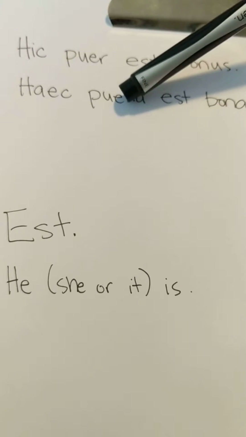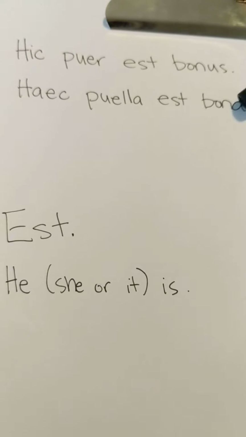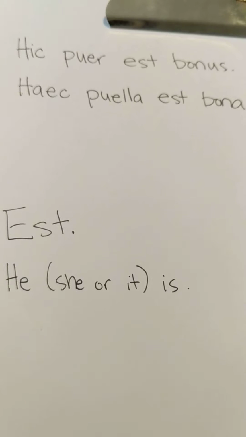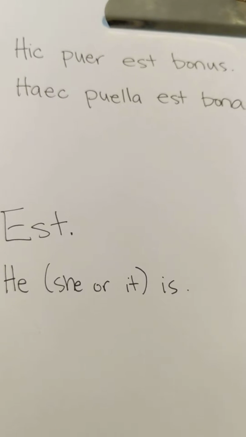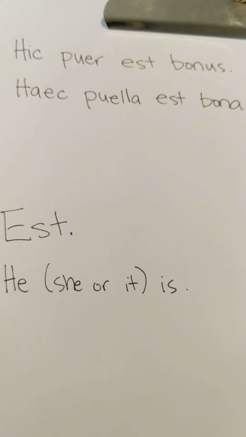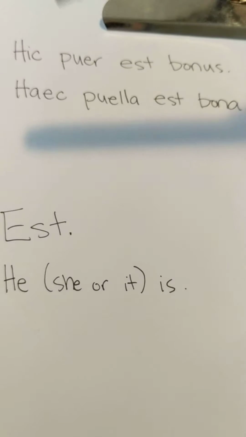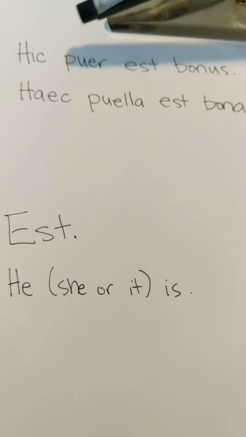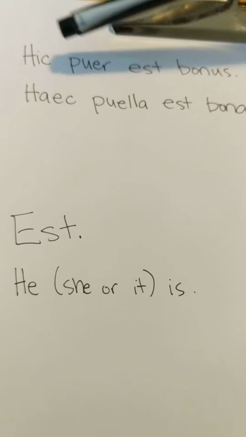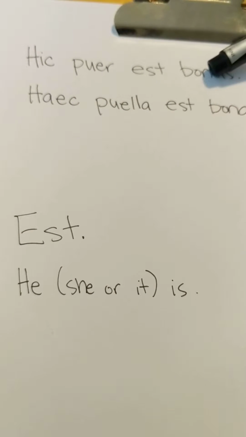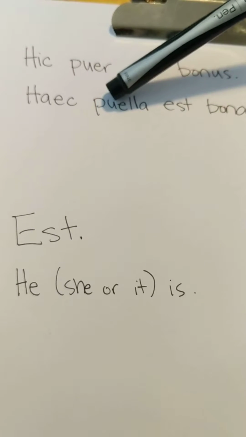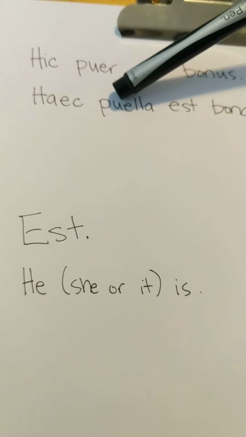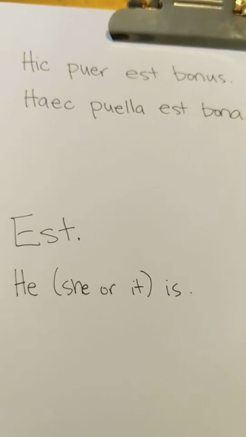Haec puella est bona. Now, I'm sure that the authors of this story wrote these parallel so that your brains would see what's going on with the language here. What's going on? When it's talking about a puer, they use the words hic and bonus. When it's talking about a girl, puella, they use the words haec and bona.